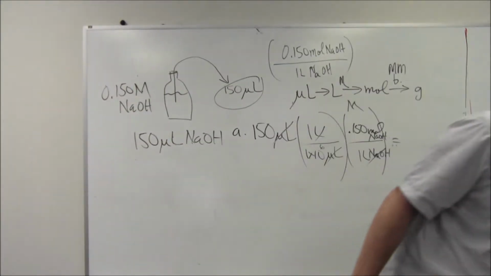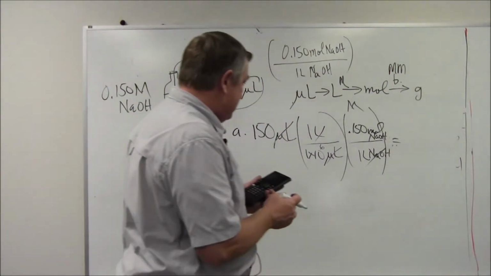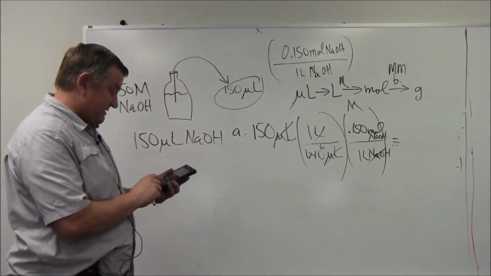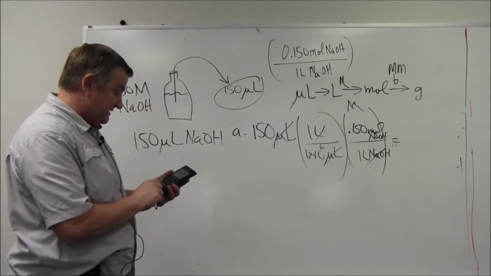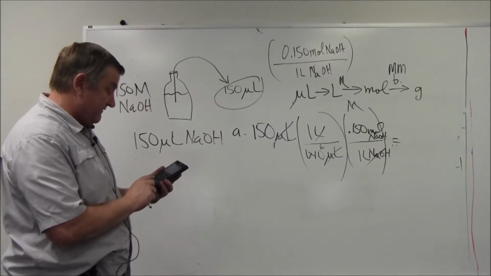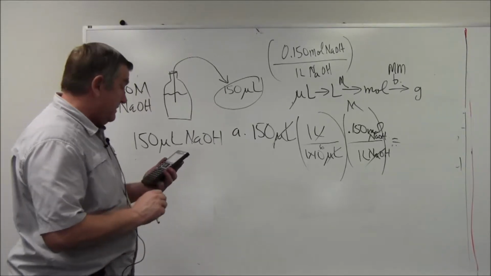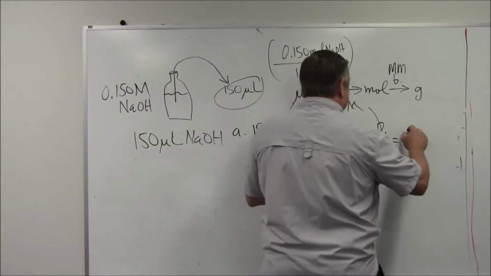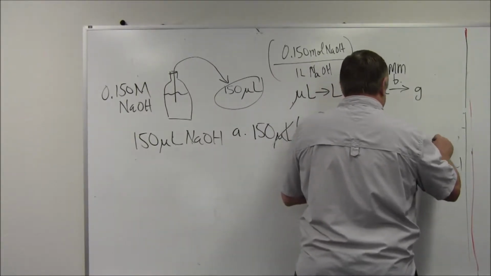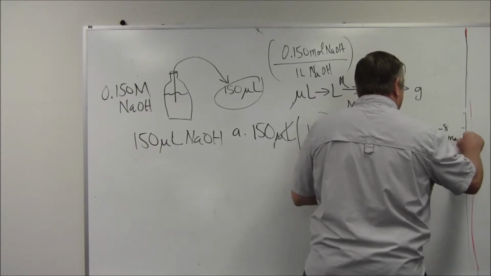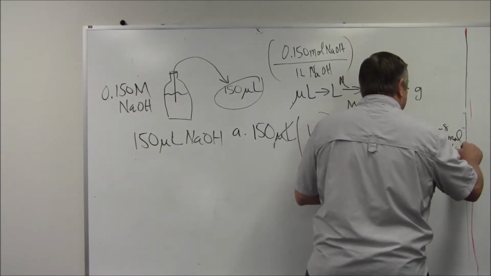So let's get out the calculator. We go 0.15 divided by 1,000,000, 1 times 10 to the 6th, times 0.15, and we keep 3 sig figs. So part A, the answer is 2.25 times 10 to the negative 8 moles of sodium hydroxide.